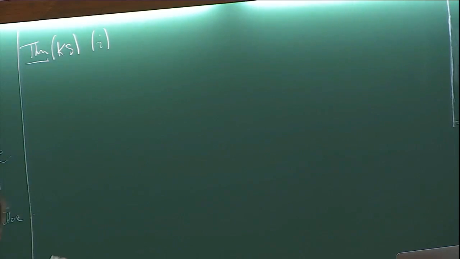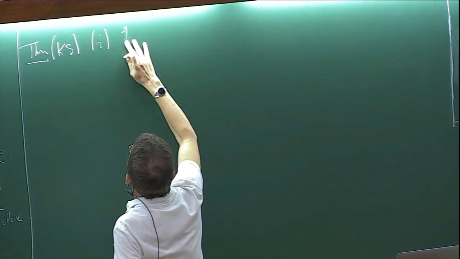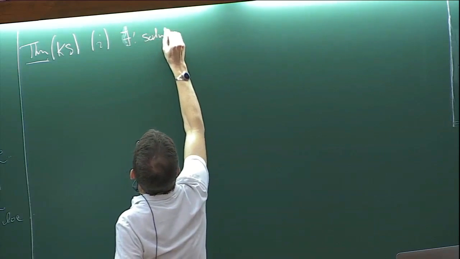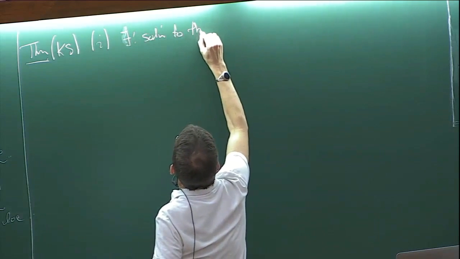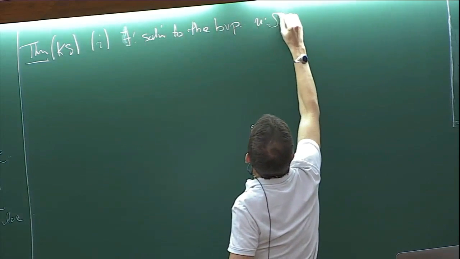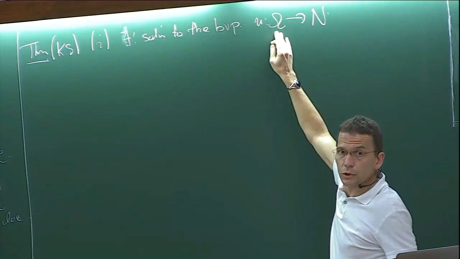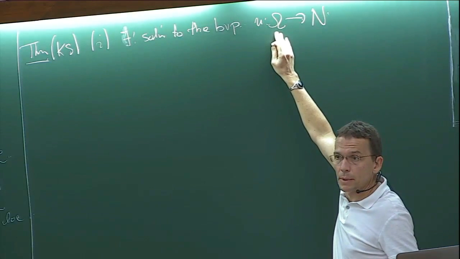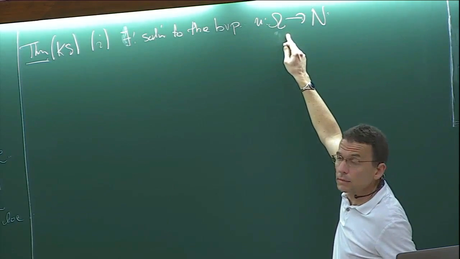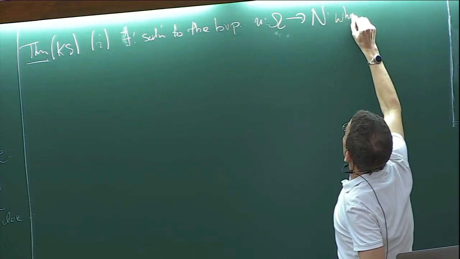So there exists a unique solution to the boundary value problem for u into N. I mean the Dirichlet problem, so I specify a map on the boundary. I choose a suitably nice domain here, and I can solve the Dirichlet problem where u is an energy minimizer.